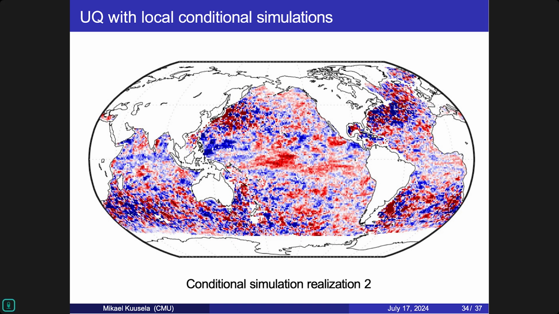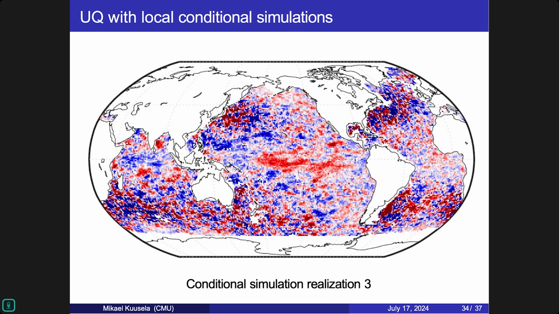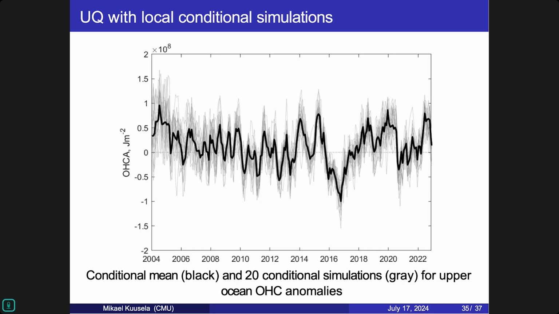So this would be our latest estimate of the Argo-based ocean heat content over a certain vertical section. The black curve is the optimal prediction, and the gray lines, you can see super well here, are the different conditional simulations of the underlying truth.